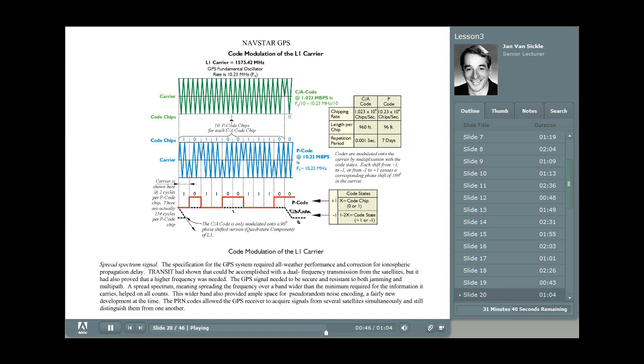That means that we're talking about a spread spectrum signal, a bandwidth that's wider than is needed. And this wide band allows for this pseudo-random noise code that we've discussed to be impressed onto it.